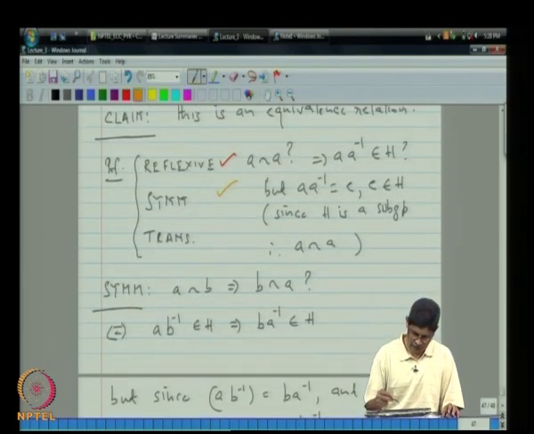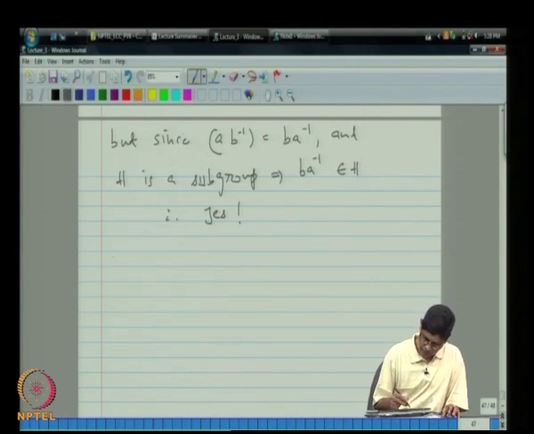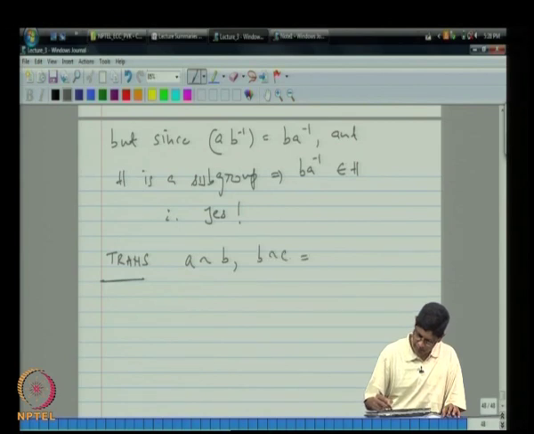So, that leaves us with the transitive property. The transitive property asks: if A is equivalent to B and B is equivalent to C, does this imply that A is equivalent to C?